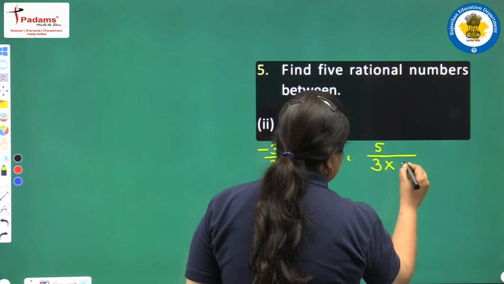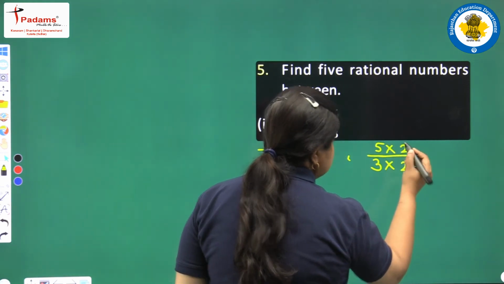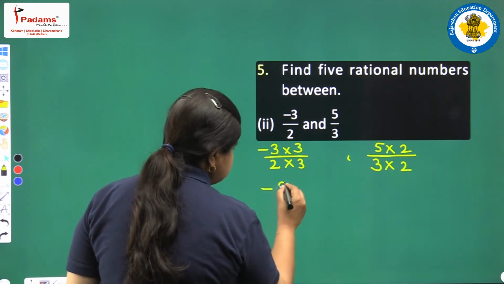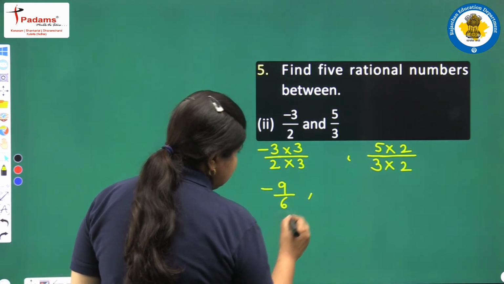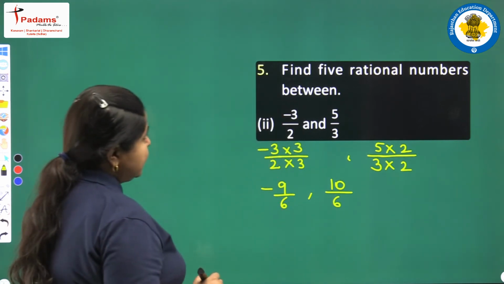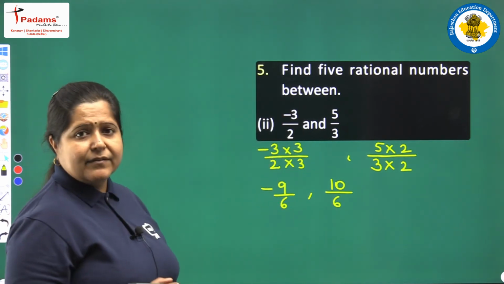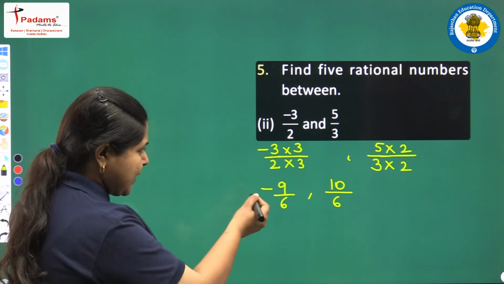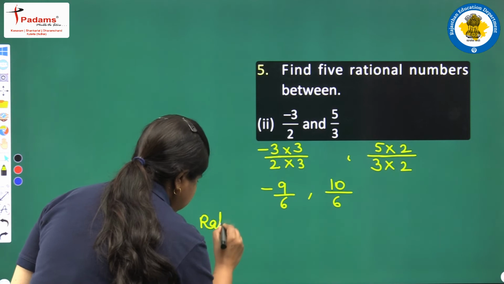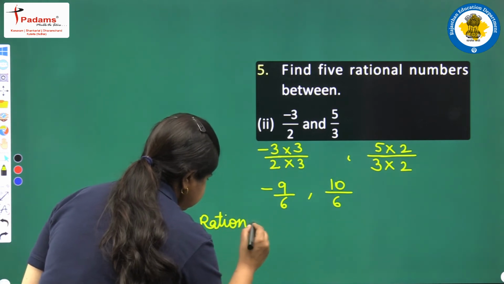Here we will multiply by 2 both in numerator and denominator. This gives us minus 9 upon 6 and 10 upon 6. Now we can easily write 5 rational numbers in between. You can just see. Let us write rational numbers in between.